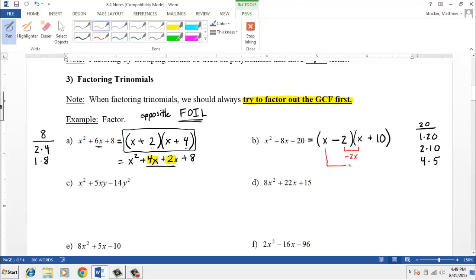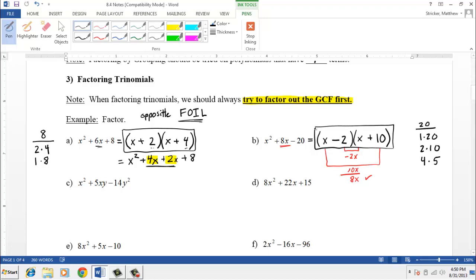The outer product is a positive 10x. And if I add those up, negative 2x plus 10x is an 8x, which is of course what we wanted. So the correct factoring is x minus 2 times x plus 10.